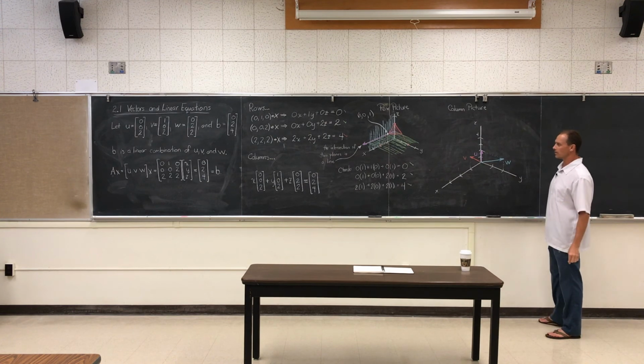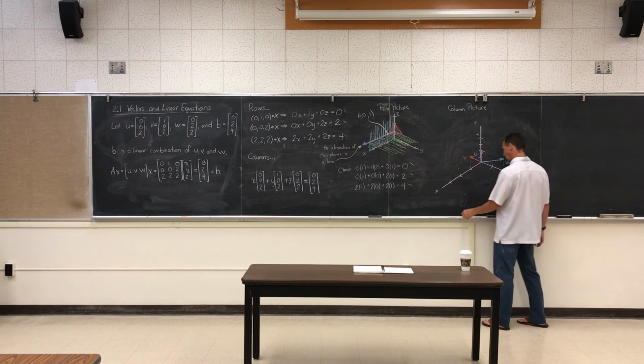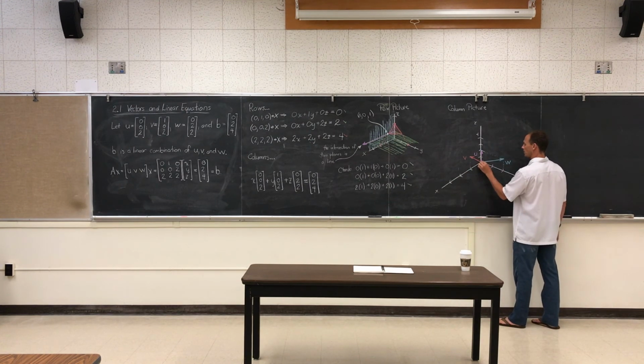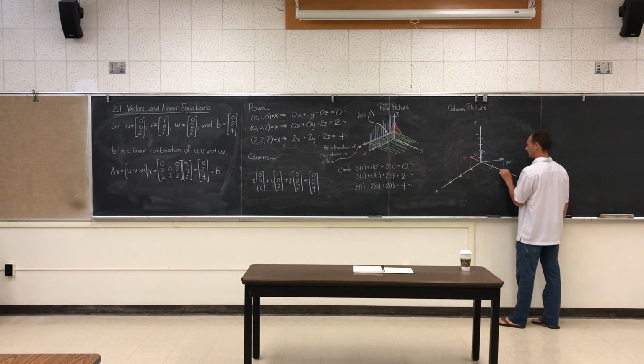We have one more. That's the vector B, 0, 2, and 4. Okay, so x is 0, y is 2, z is 4 this time. Well, 4 is way up here.